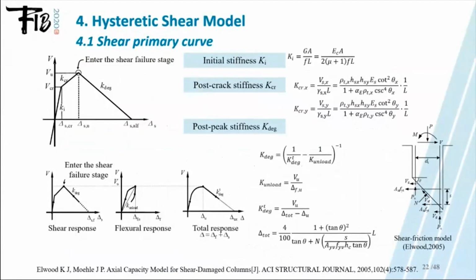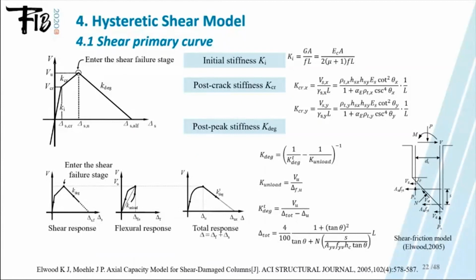Assuming the ultimate shear capacity is reached when all cross stirrups yield, and considering the compatibility condition of the planar truss model in both directions, the post-crack stiffness can be calculated. The third stage describes the post-peak shear behavior after shear failure.